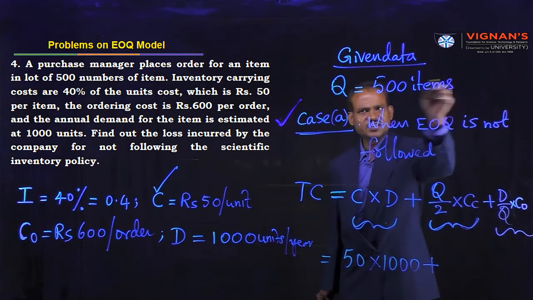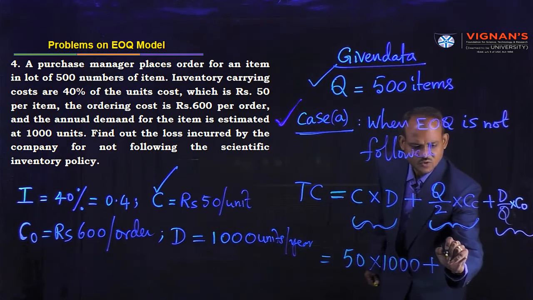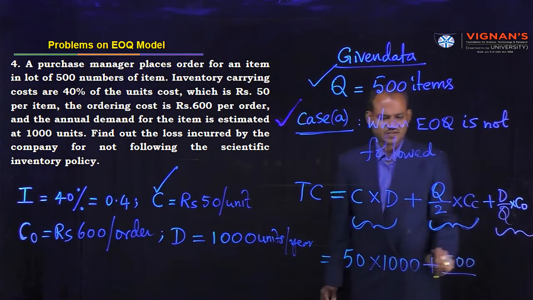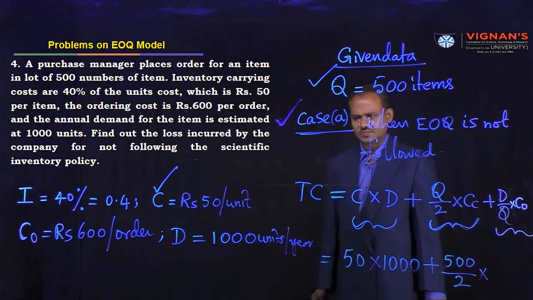Here in first case Q value is 500 units. Some quantity. But this is not optimum order quantity. So Q by 2 into CC.